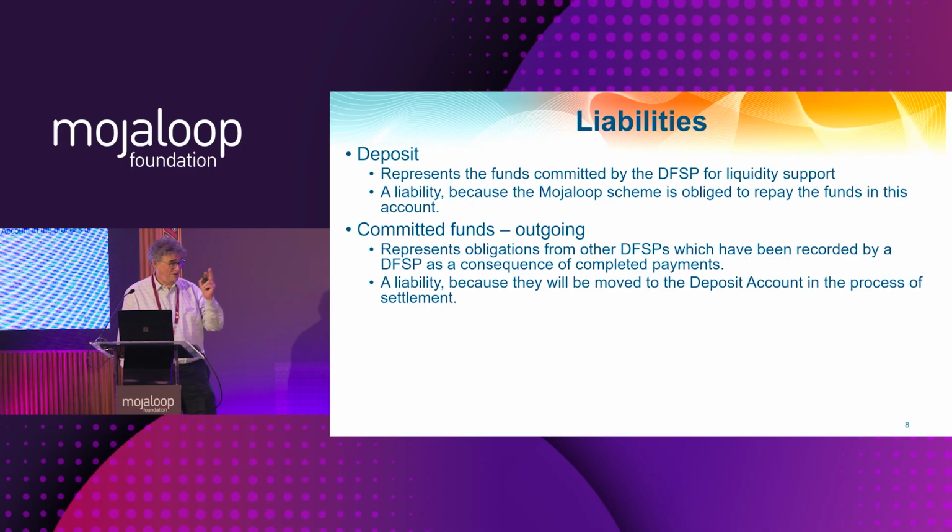By the way, you can rename any of these account names if you can think of better names for them. Now, this represents obligations from other DFSPs which have been recorded by the switch as part of a payment, i.e., these are payments where this DFSP has been the beneficiary, and they are a liability because eventually the scheme will have to pay that amount in settlement to the DFSP.